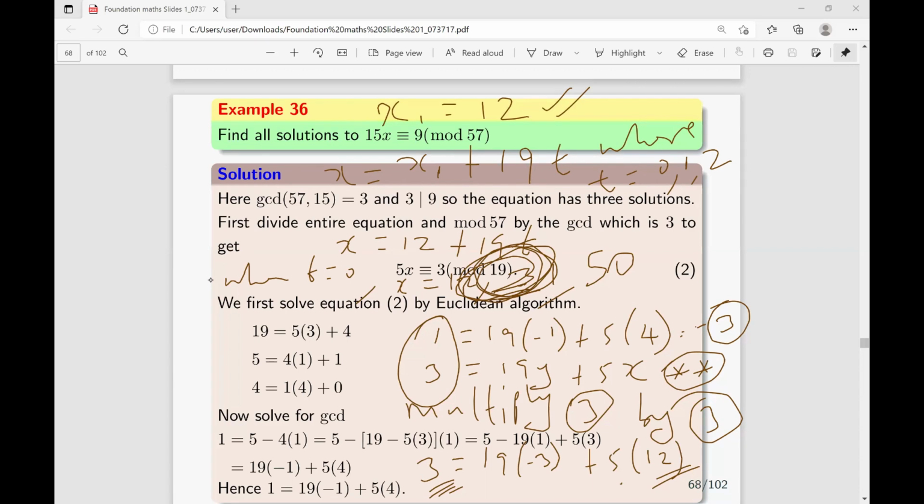Then to get the next solution is that one plus the new mod, and you get 50. Is that okay? So just adding the new mod first time, second time, and you have the three solutions.